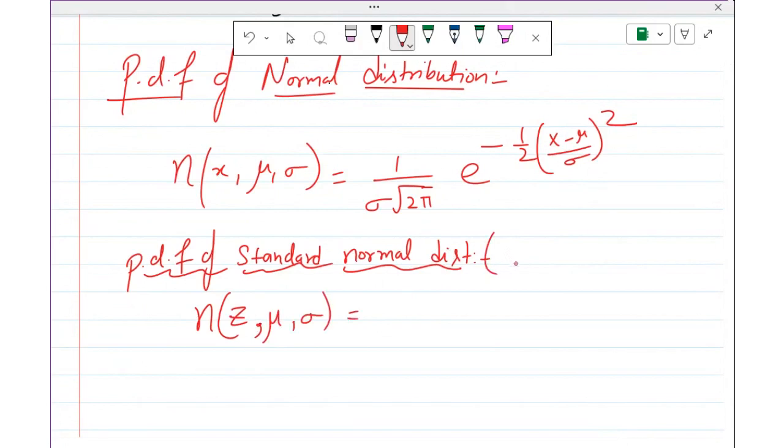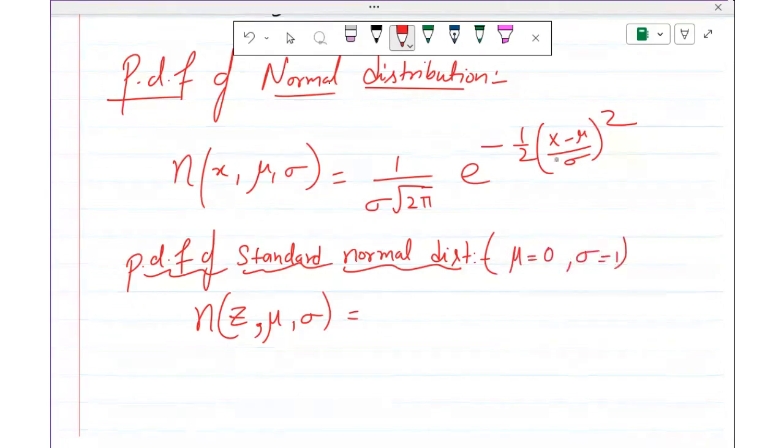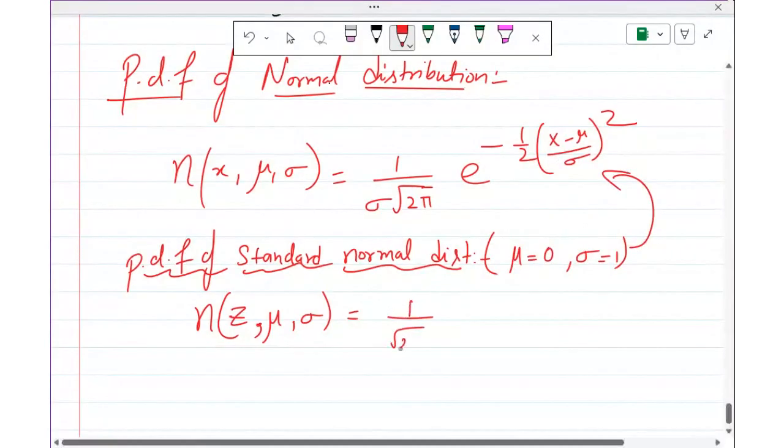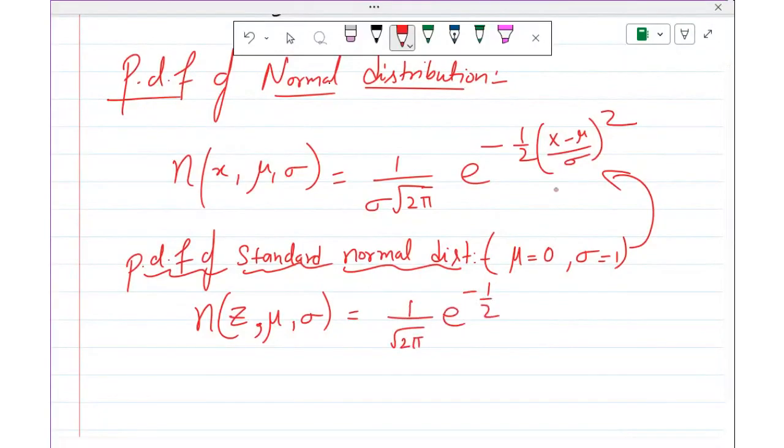Standard normal distribution means mu is 0 and sigma is 1. So put in this previous part. You will get 1 upon under root 2 pi, e power minus half, now because x minus mu upon sigma is z, you will write here z square. So this is the probability distribution function of the standard normal distribution.